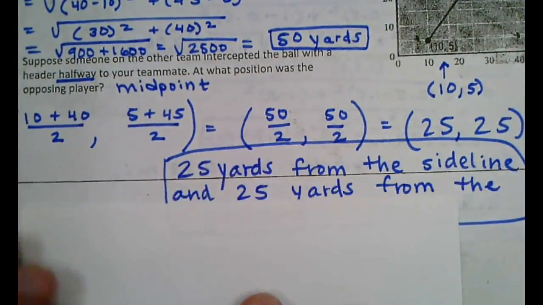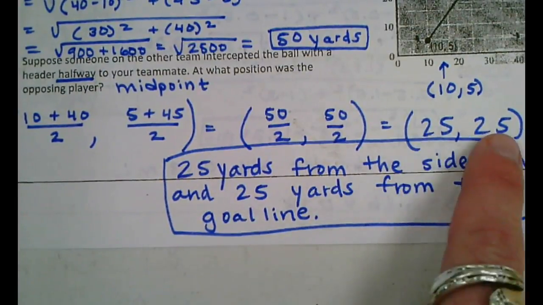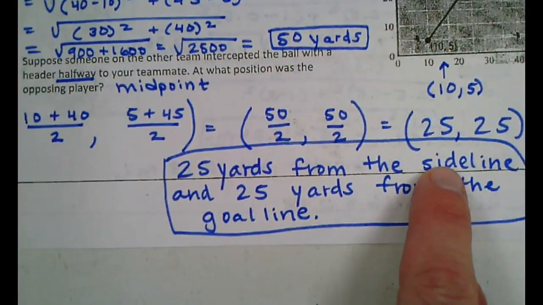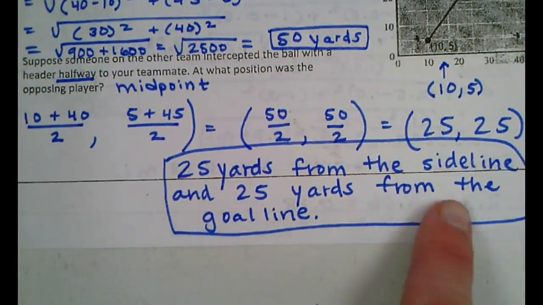And I went ahead and interpreted it just like the word problem said. Since x was the goal line and y was the sideline, I knew it was 25 and 25, so if you have these flipped, it doesn't matter which one you stated first. 25 yards from the sideline and 25 yards from the goal line.